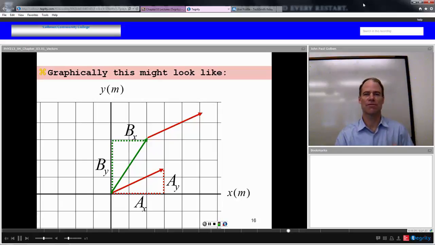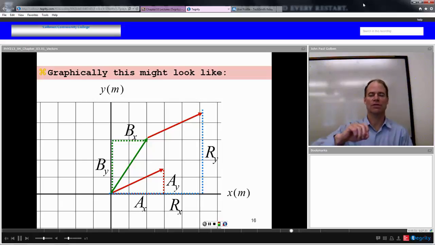But in terms of mathematics, I would add my components together and get my resultant components. So A sub x plus B sub x will give me an R sub x, and A sub y plus B sub y will give me an R sub y.